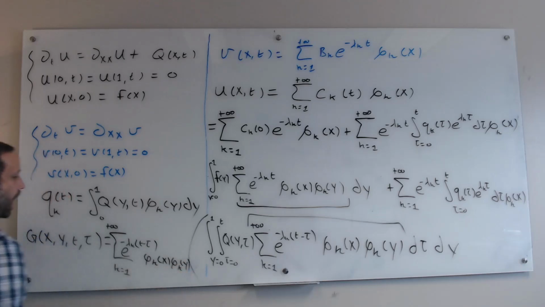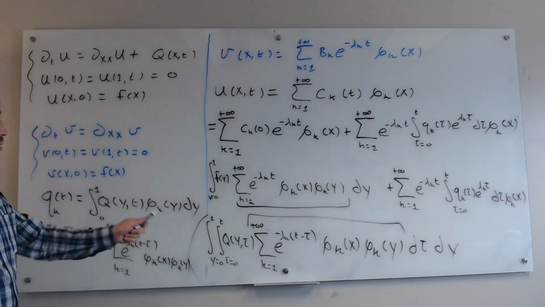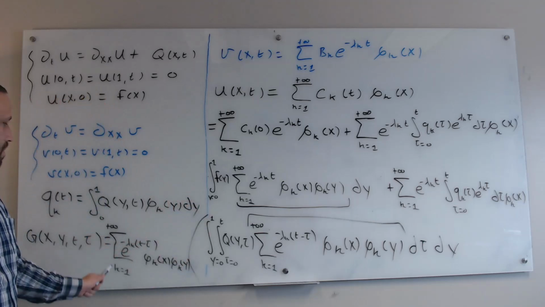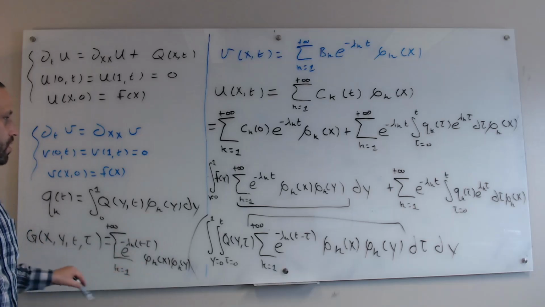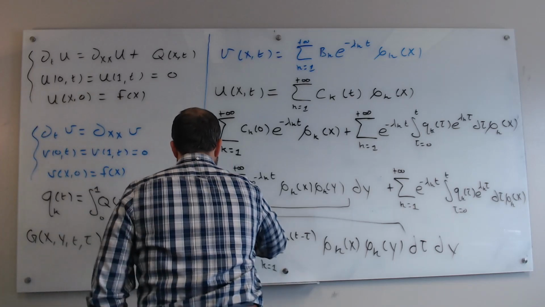And now what I can do is I'm going to erase everything. You're just going to have to remember what I have written or copy everything down. So I can write this entire thing in the following way.